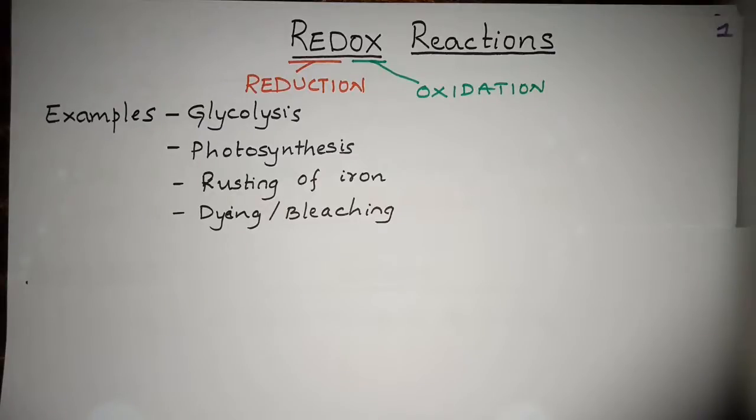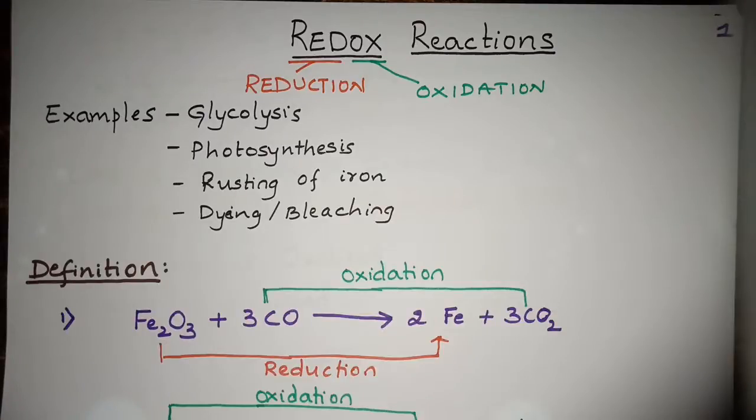So we know where redox reactions happen and what redox stands for. But how to define reduction and oxidation reactions? To define the reactions, we will take up a few reactions and try to understand the nature of these reactions. Okay, so let us take the first reaction, which is iron oxide reacting with carbon monoxide to give us molten iron and carbon dioxide.